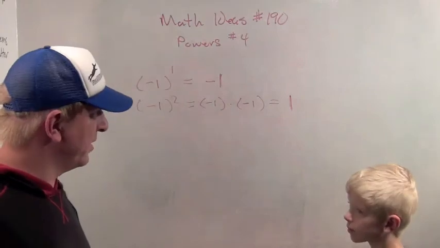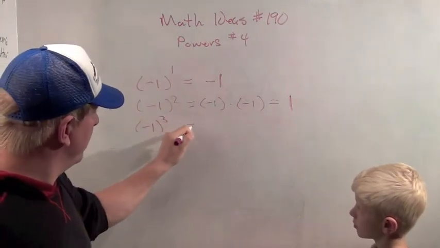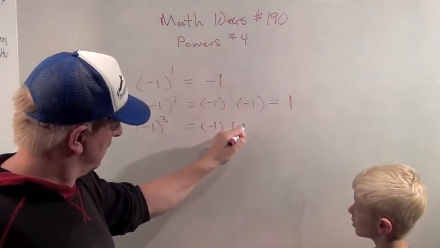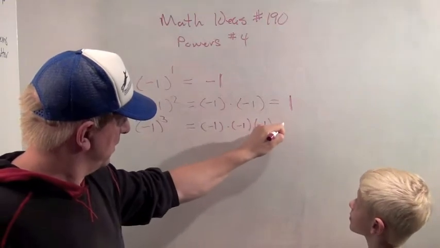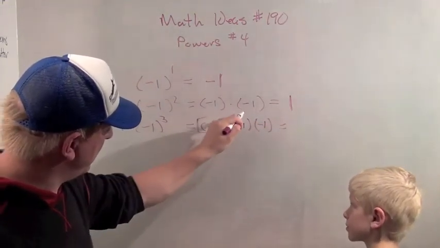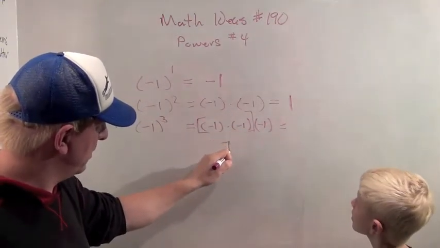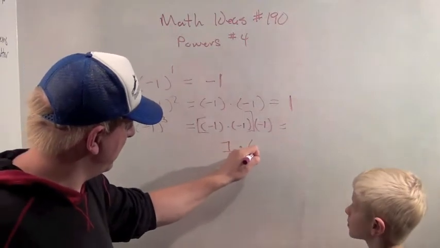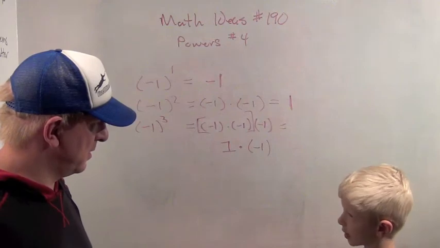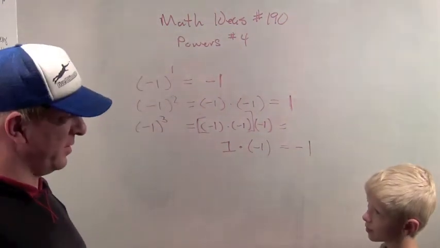Okay, that's interesting. -1 cubed is -1 times -1 times -1. We already learned just now that -1 times -1 is 1, so this is the same as 1 times -1. It's just -1. Why is 1 times -1 equal to -1?